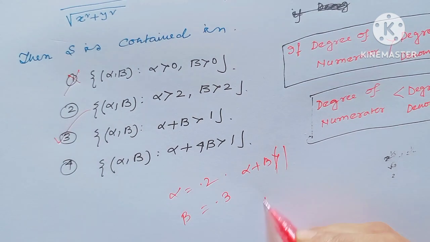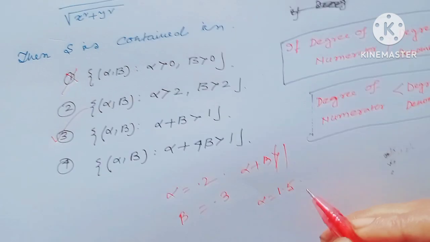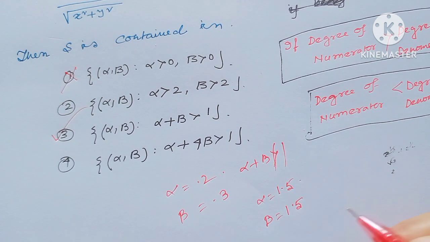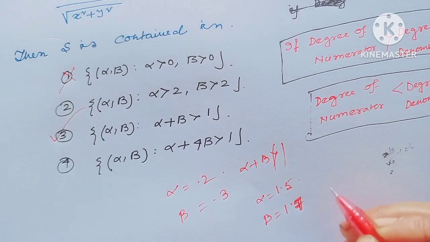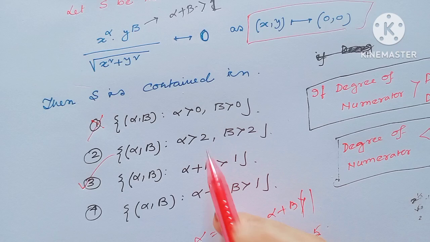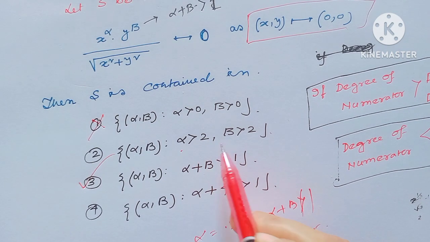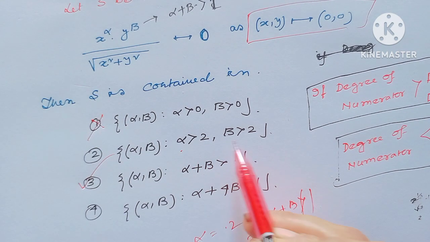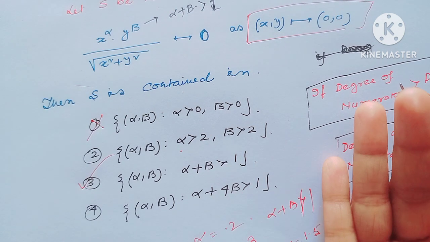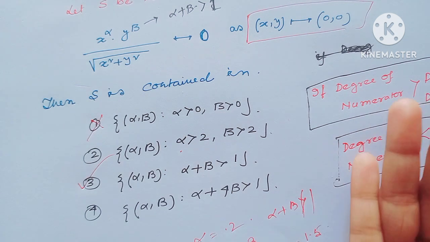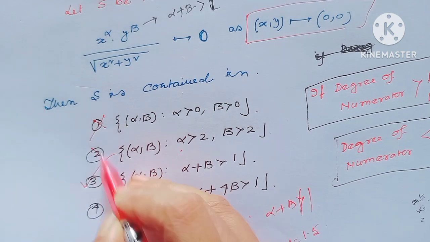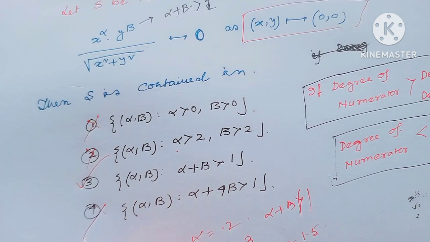If we consider alpha equal to 1.5 and beta equal to 1.5, the sum 3 is also greater than 1, but here it is restricted to those alpha, beta such that alpha is greater than 2 and beta is greater than 2. This is not possible for all cases, for all alpha, beta, so this cannot be true. That means only option 3 is the right option and option 4 is similarly wrong.